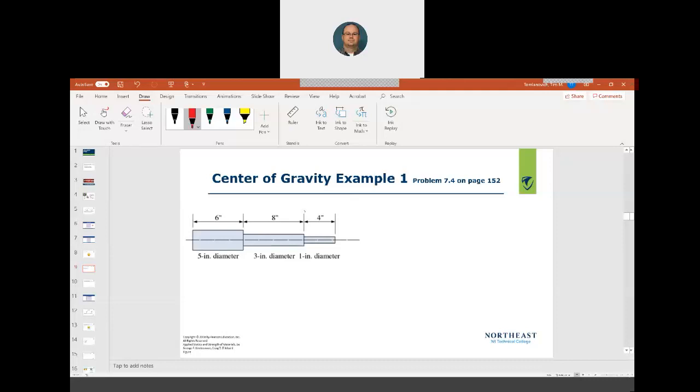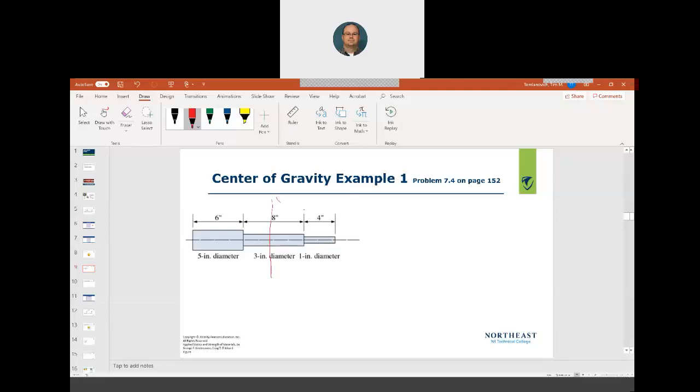Locate the center of gravity with respect to the left end. Basically, where am I going to put my finger to balance this? So I'm trying to find the center of gravity, the y centroidal axis. Where is that?